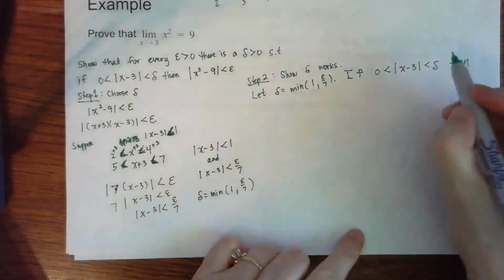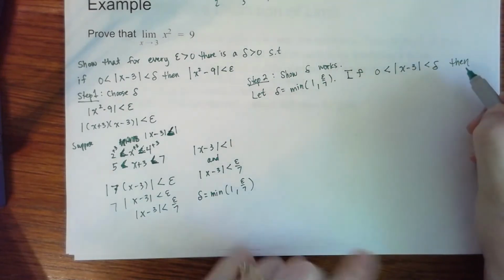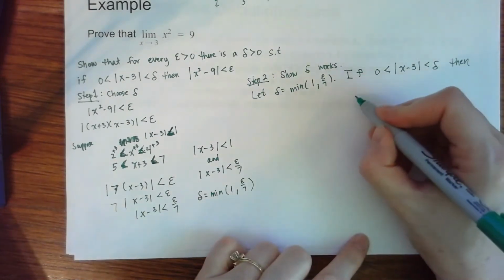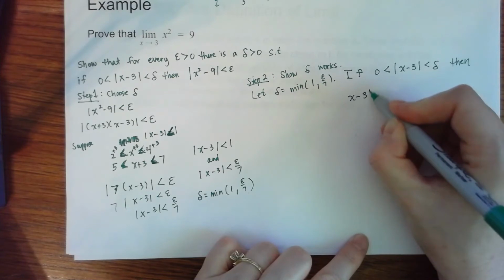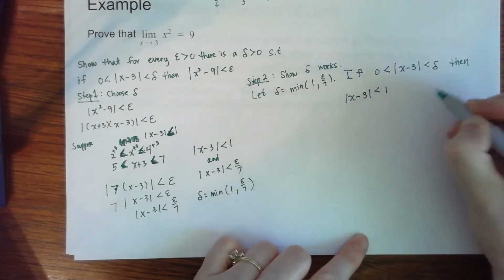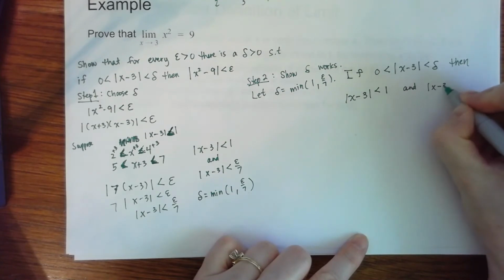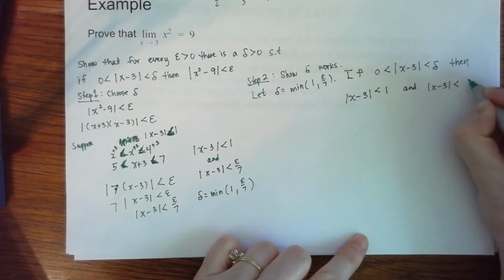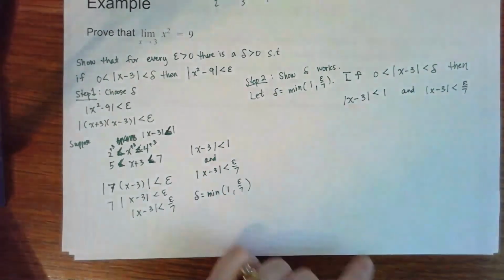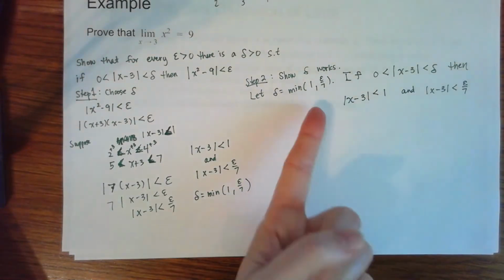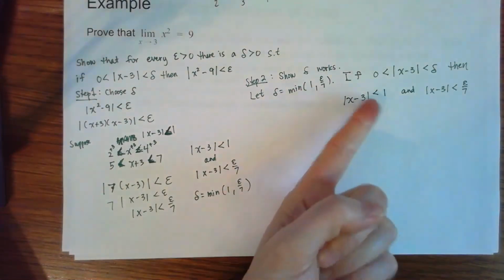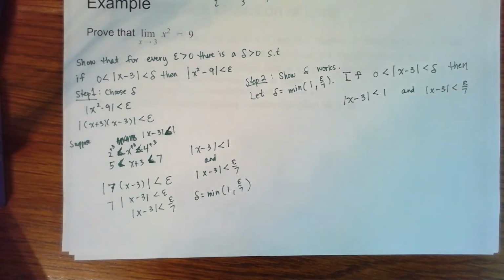Well, since it's less than delta, we know two things. We know that |x minus 3| is less than 1, and we know that |x minus 3| is less than epsilon over 7. It's the minimum of those two things, so it has to be less than both of those things.